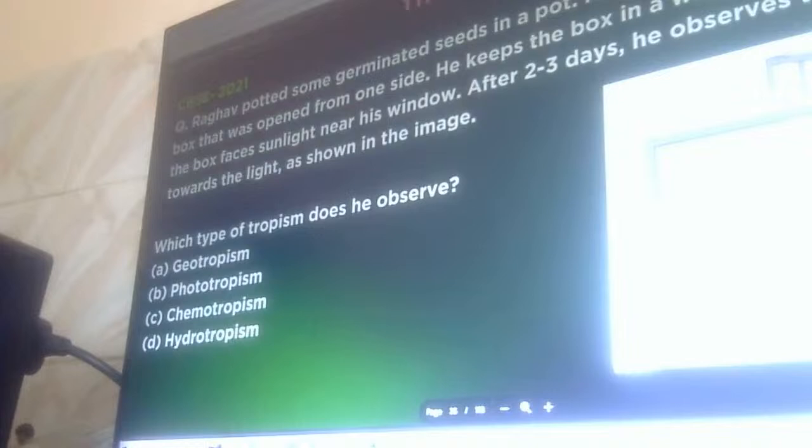Option B. Raga potted germinated seeds in a pot. Oh, this is NCERT. Phototropism. Phototropic.